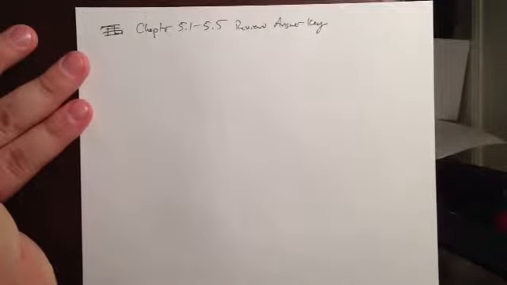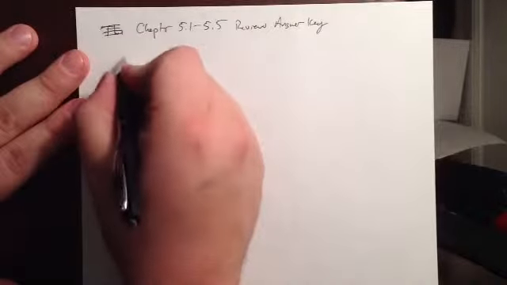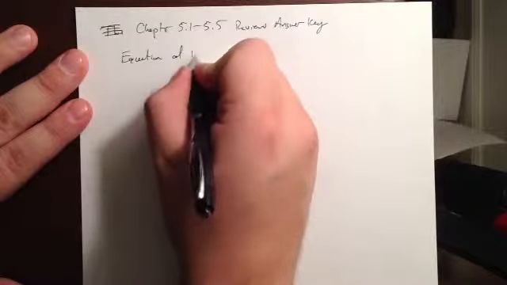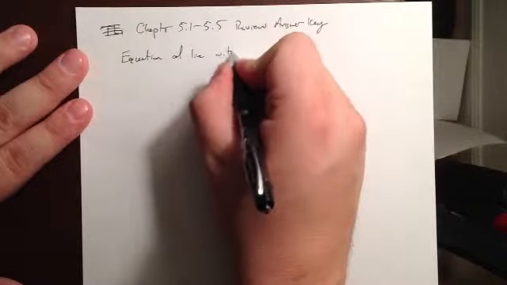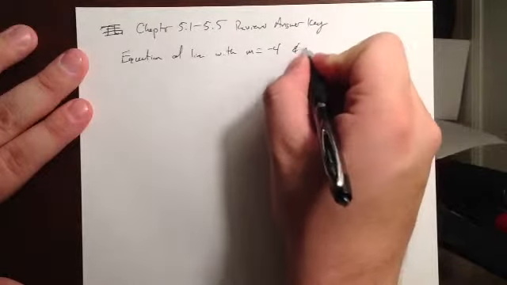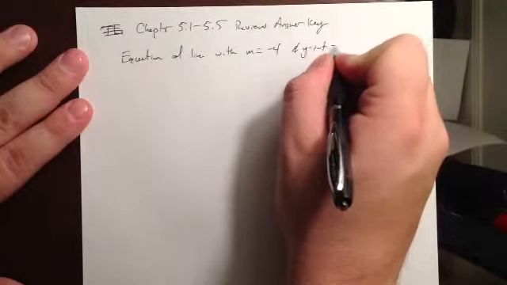Following along with the answer key worksheet, question 1 said write an equation of a line with slope equal to -4 and y-intercept equal to 1.